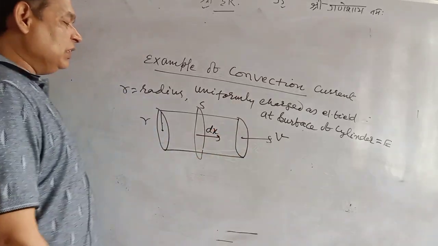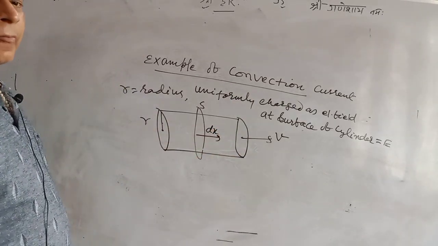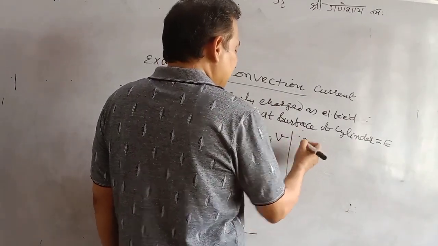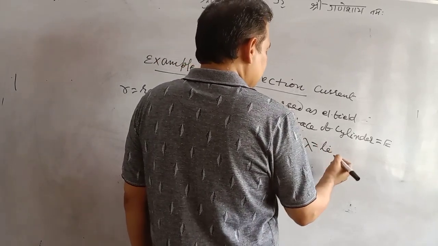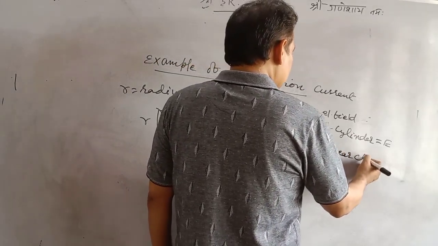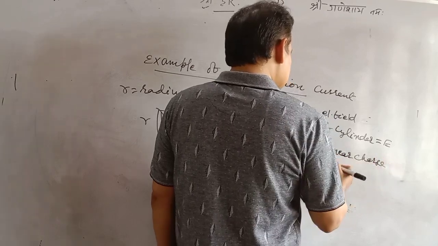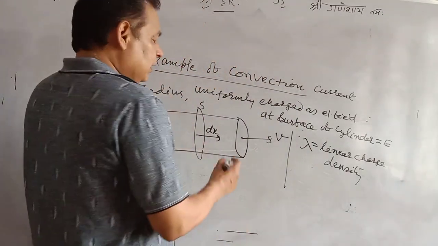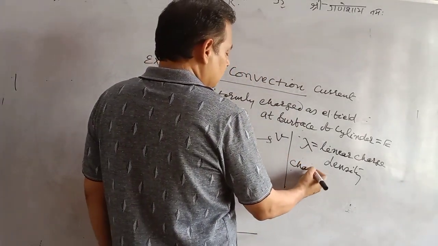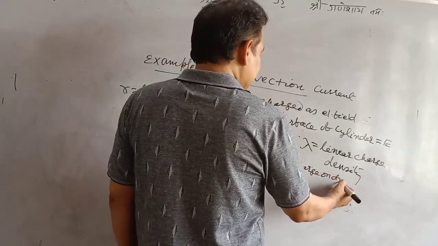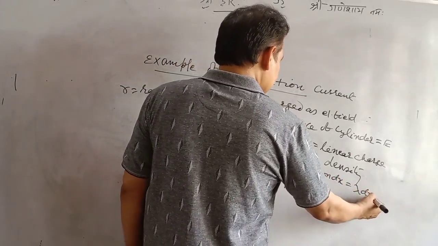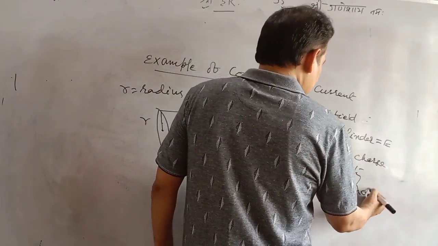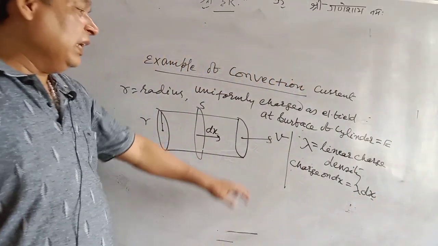Suppose if lambda is the linear charge density of cylinder, then charge on dx length is lambda dx, because lambda is the charge per unit length here.